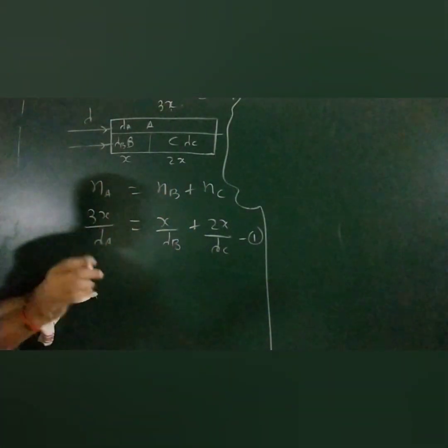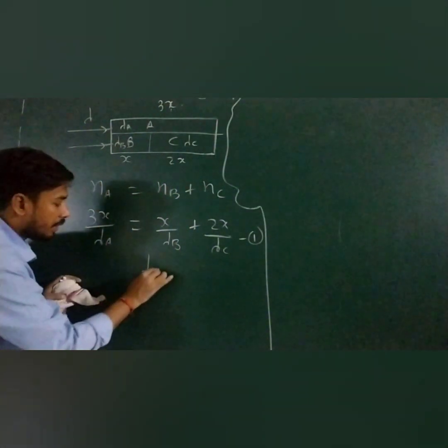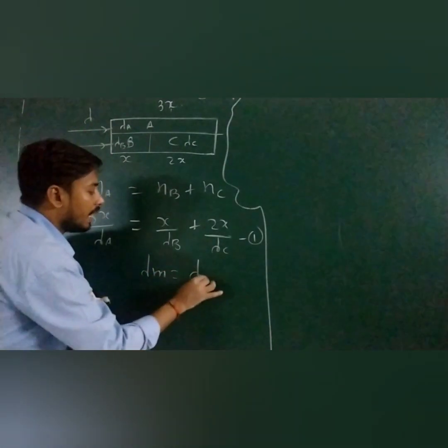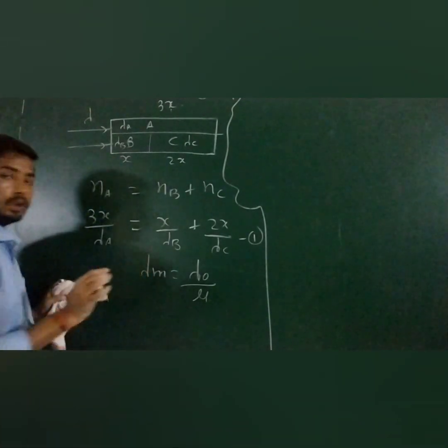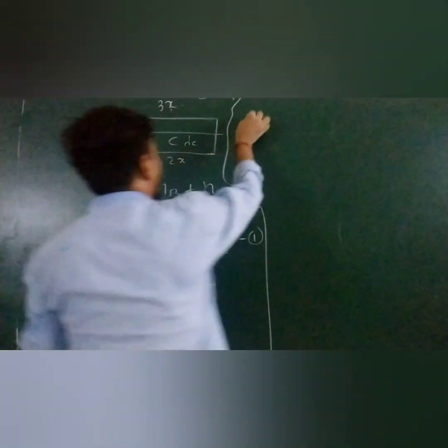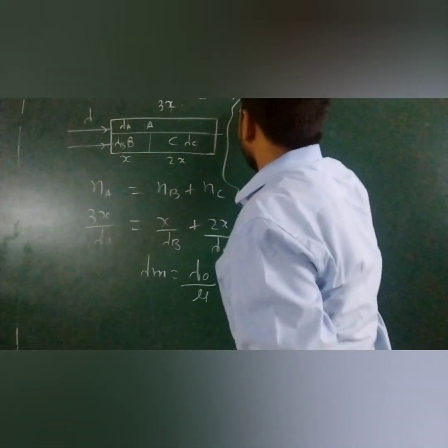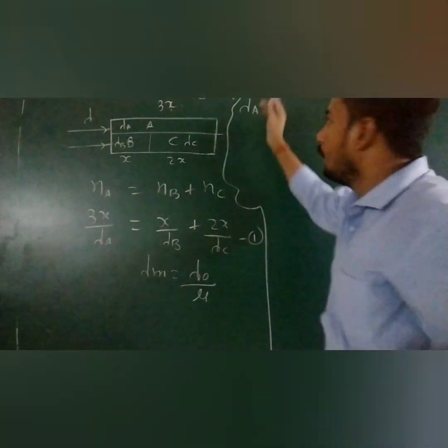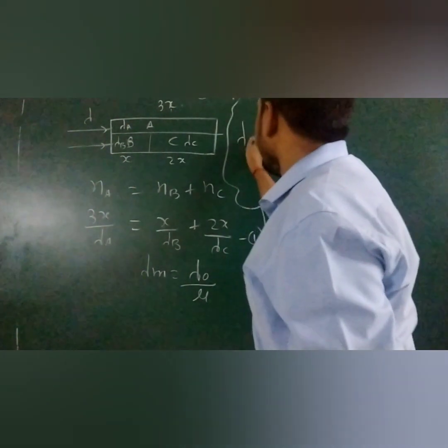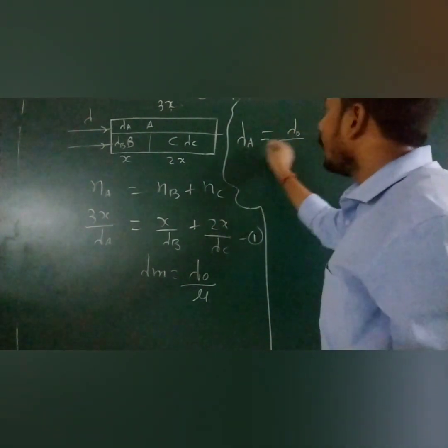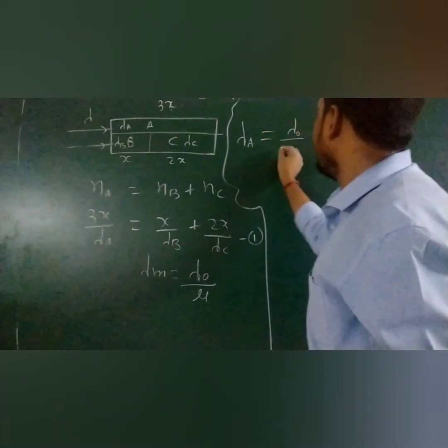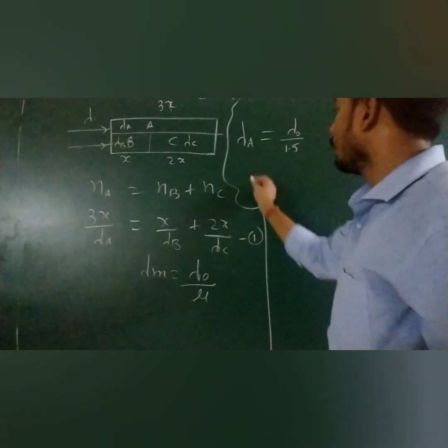Yesterday I told you, lambda in medium is equal to lambda in air, lambda naught, by mu. On the basis of this, lambda A is equal to lambda naught by its refractive index 1.5.